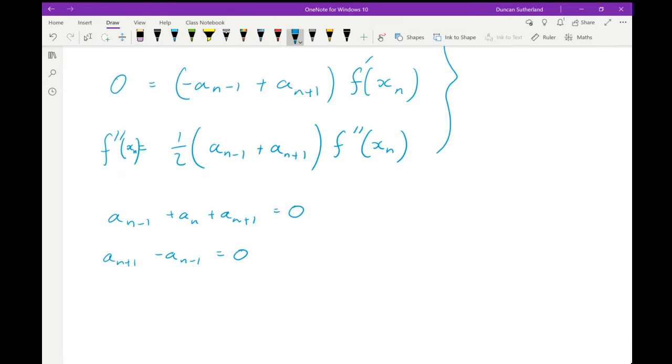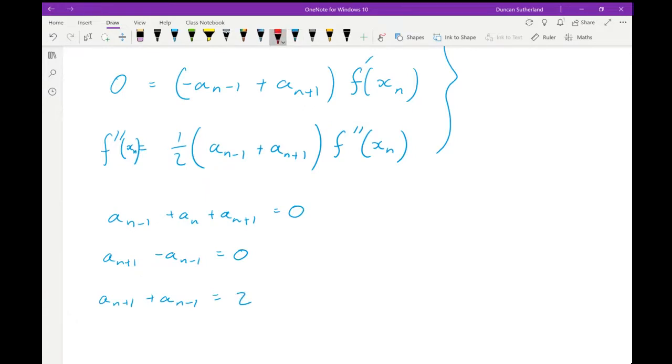So you see that these two are obviously equal. And you also see that a n plus a n minus 1 equals 1 from this equation here. Oops, equals 2, because I've got to multiply by the half.